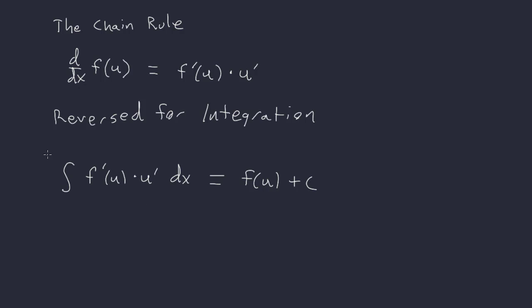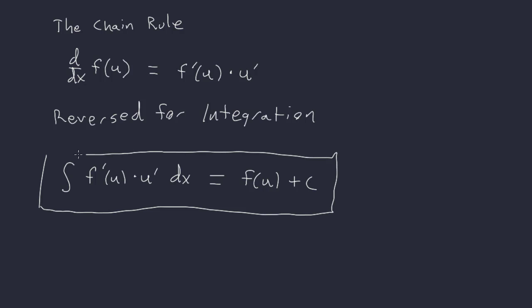So this is the basis for change of variables or u-substitution. Because what we're looking for is some function of stuff, e to the stuff, stuff squared, whatever, and the derivative of the stuff sitting outside.